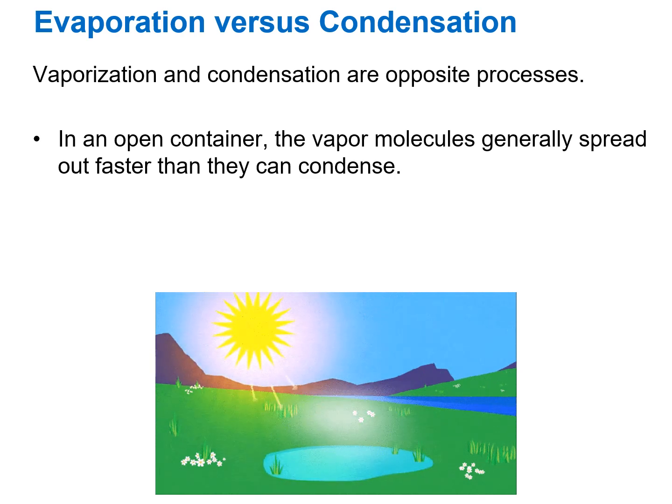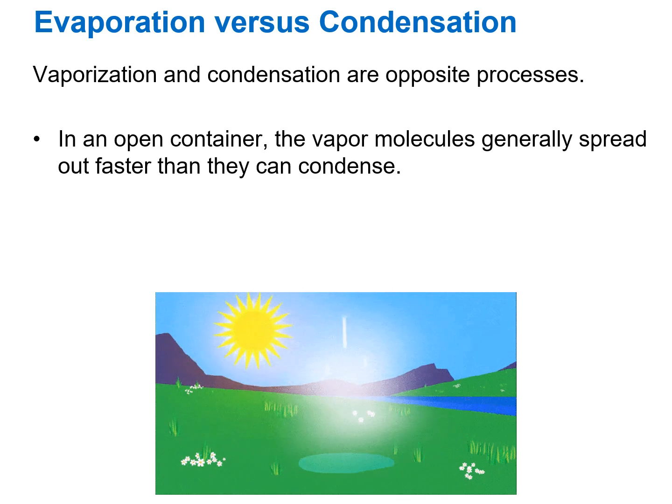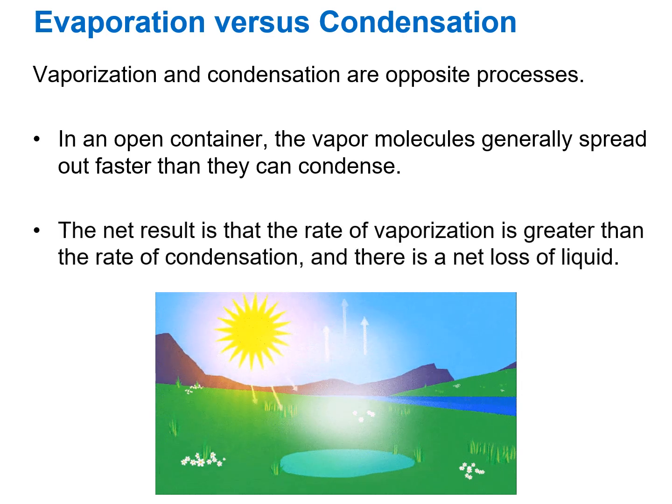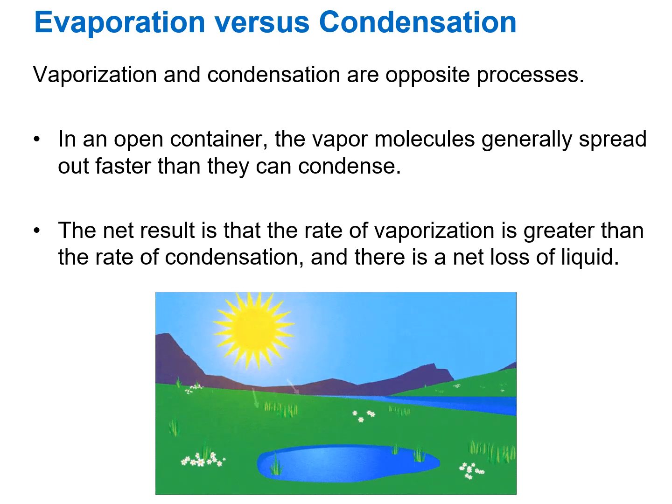So once they get launched, they're going to be going for it. And because there's nothing to restrain their movement, they're just going to keep going until they collide with something, which may be really, really far away from that puddle. And the net result of this is that the rate of vaporization is going to be greater than the rate of condensation, and that's going to mean that there's going to be a net loss of liquid.